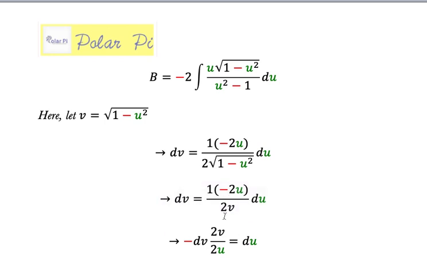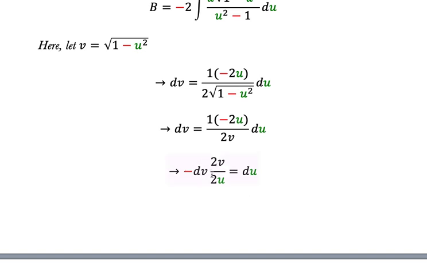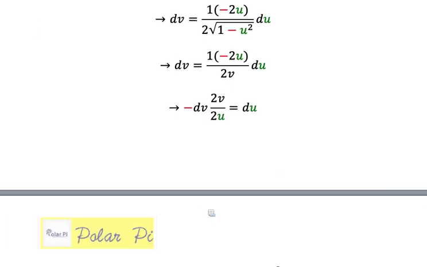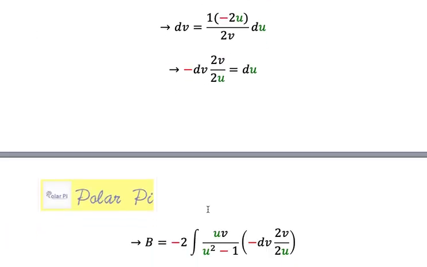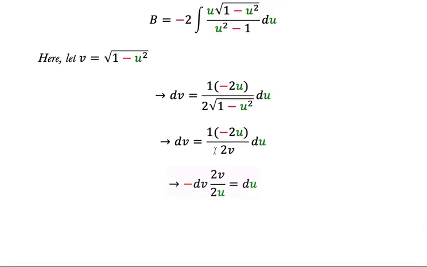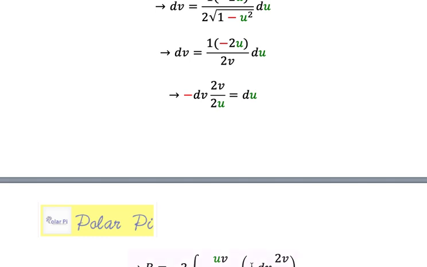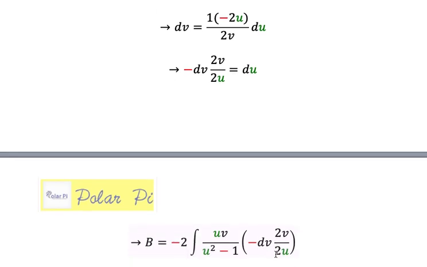So the 2's, well, I haven't canceled them, but they will cancel eventually. But like, we multiply both sides by the reciprocal of this to get du by itself. And so that's this here. Now, we substitute all this into b. And so we had u, and this is v, right? And so we've got uv here, and this is the replacement for du.